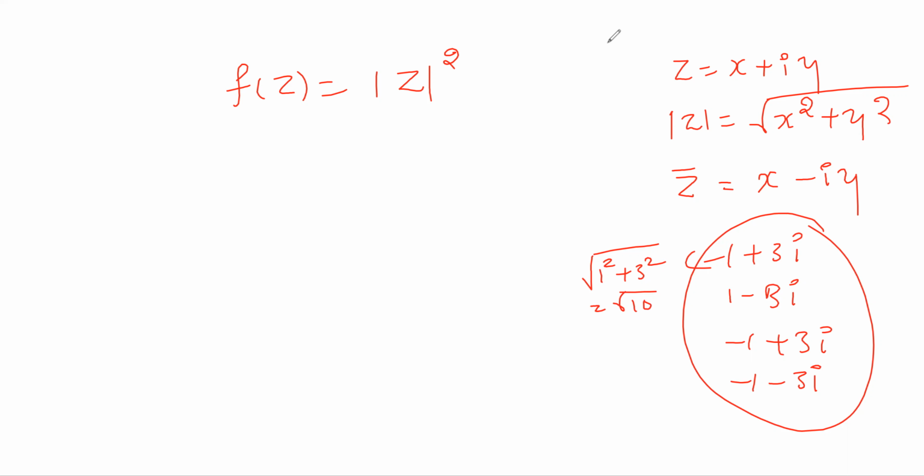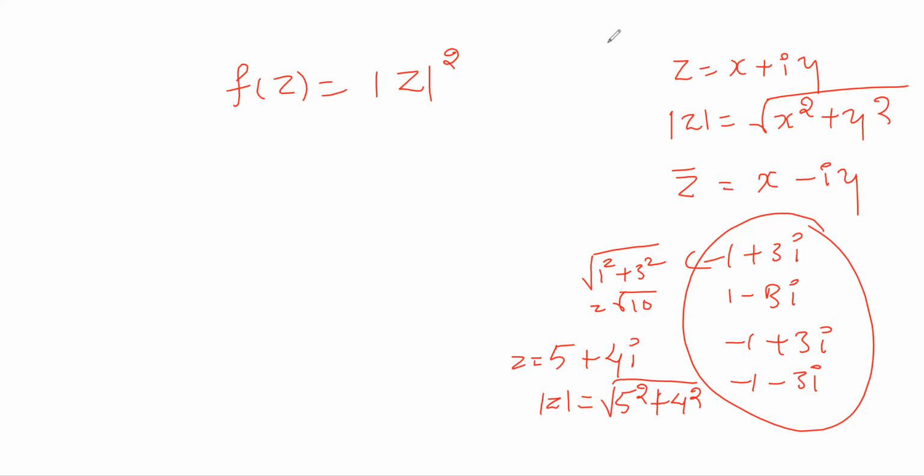Let me take another number, 5 plus 4i. For this, if z equals this, the modulus will become the square root of real part 5 square plus imaginary part 4 square. So this will become the required modulus. Understood?